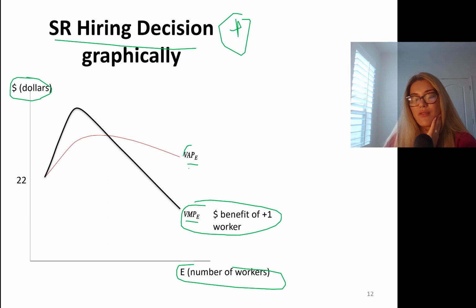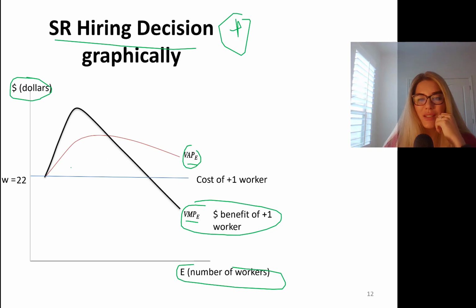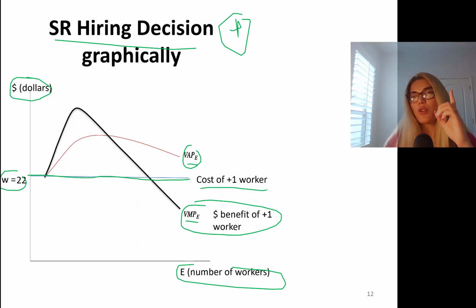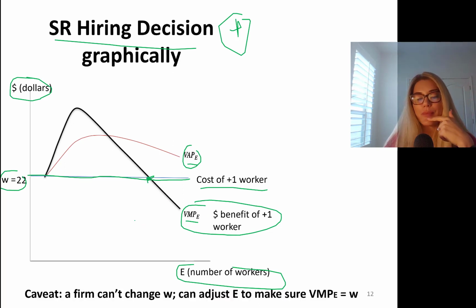This is the dollar benefit of average worker. Okay, so imagine, right? Wage rate is 22. So wage rate shows you, and we can draw a line, $22 here. You know, wage rate shows you the cost of one more worker, marginal cost of worker. This is the marginal benefit. Remember, marginal benefit equals marginal cost. You need to be hiring these many people.